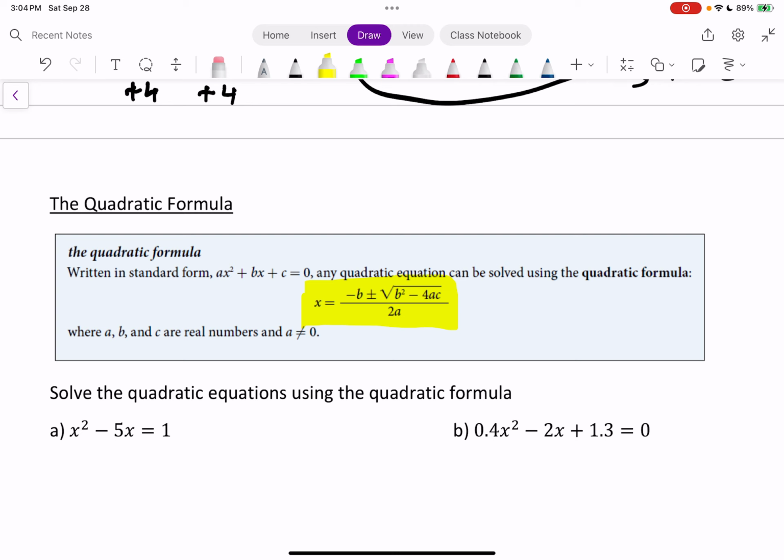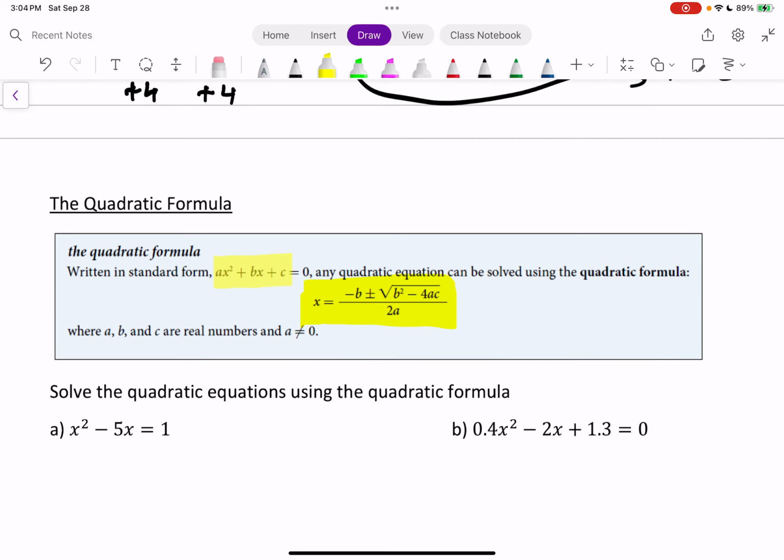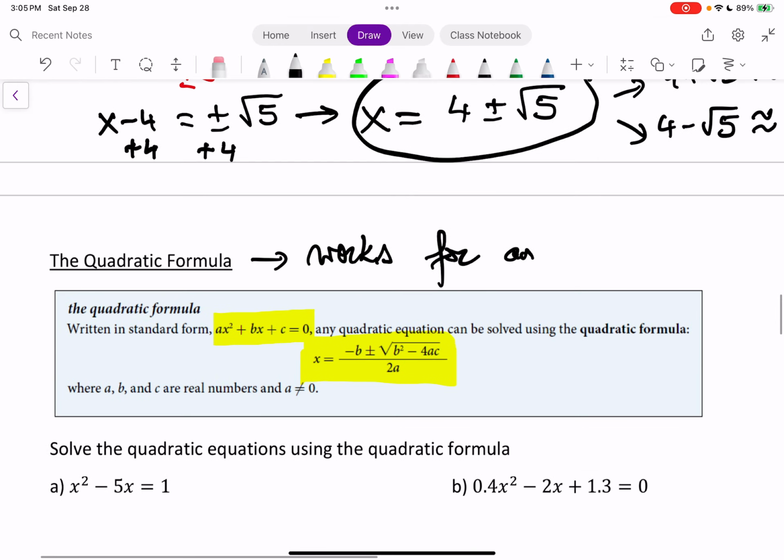Okay, so whenever solving a quadratic equation, again, if we can factor it, great. You could get to the answer super fast. However, even if you can factor but don't know how, the quadratic formula works every time for any equation, factorable or not, square root property or not.